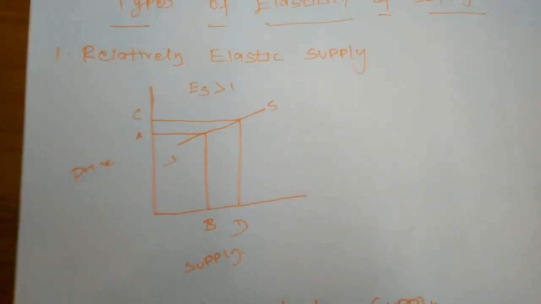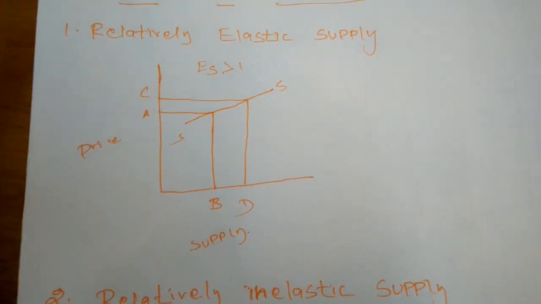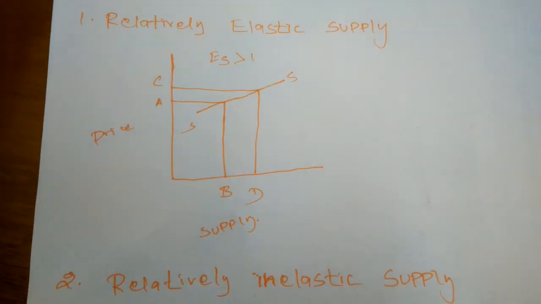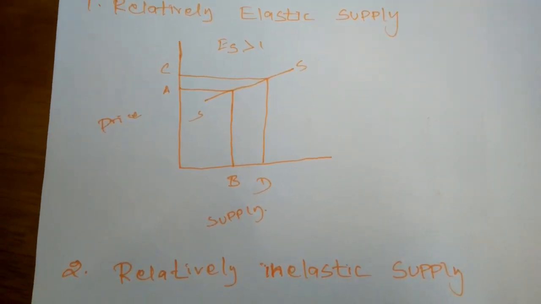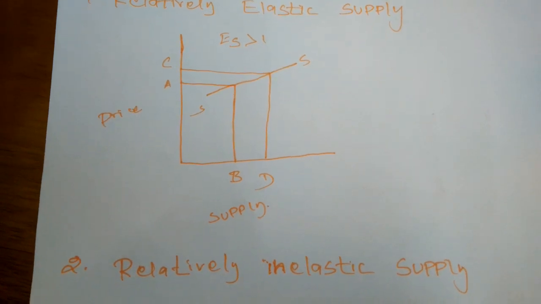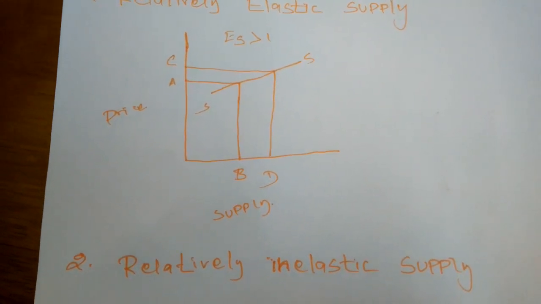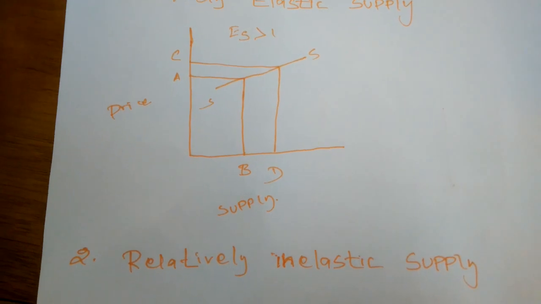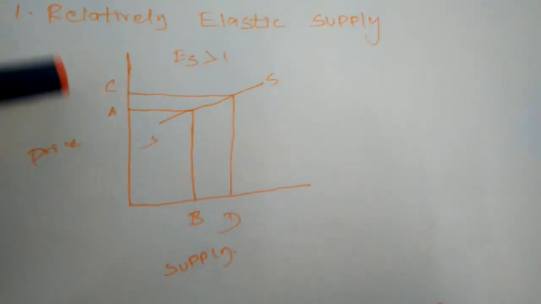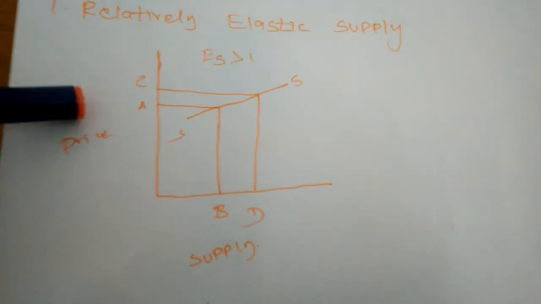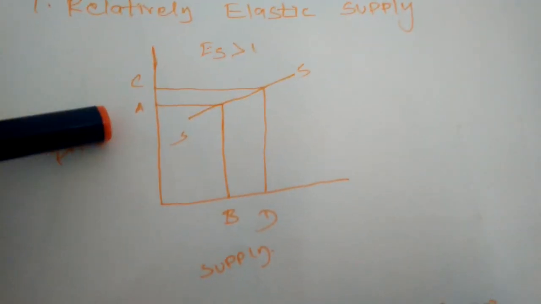Relatively elastic supply. The supply is said to be relatively elastic when a 1% change in the price of the commodity brings more than a 1% change in the quantity supplied of the commodity. Just see the first diagram here.